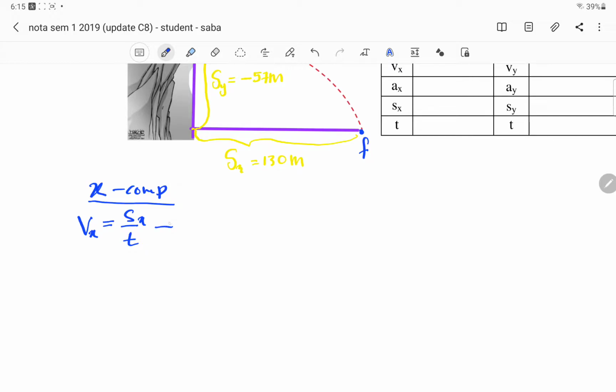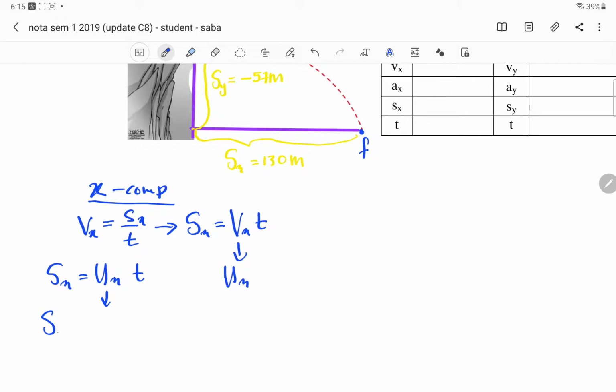So kita rearrange balik equation ni, kita dapati Sx is equals to Vx T. Vx is always equals to Ux now. So that Sx is equals to Uxt. Kalau kita kembangkan, Ux is equals to U cos theta.